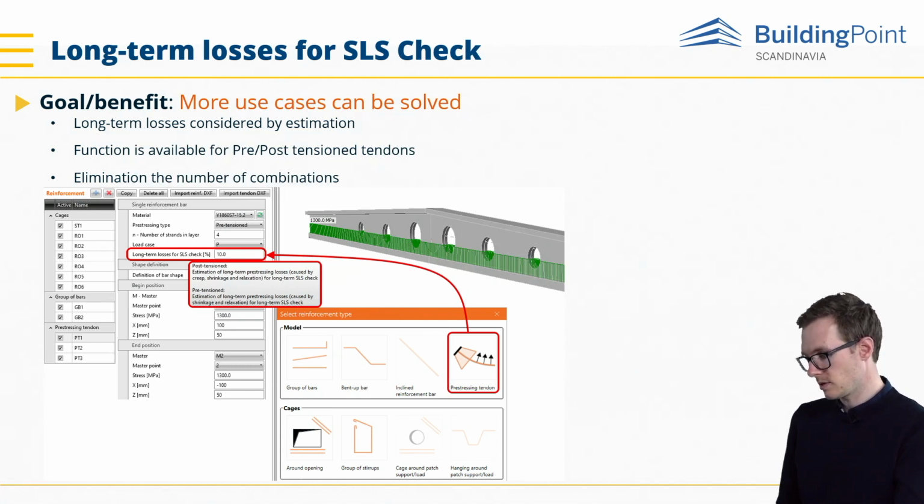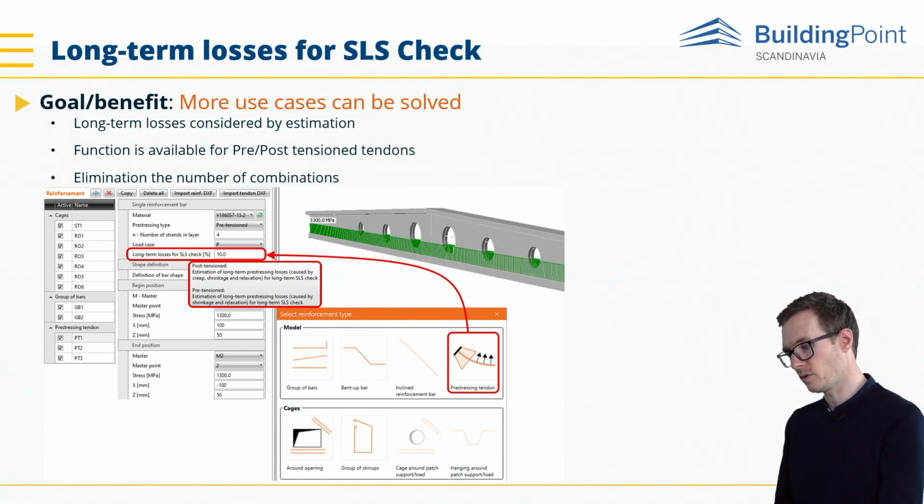Due to this, the functionality long-term losses for SLS check has been added. The function works for pre- and post-tension tendons, and it leads to a reduction of combinations and less work for engineers. It's valid for SLS checks only, and long-term losses for ULS must be considered in the combination prescription.